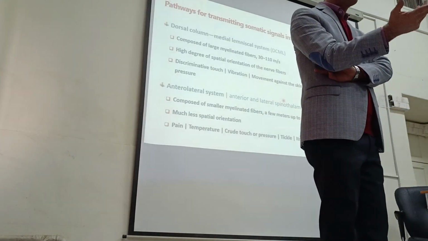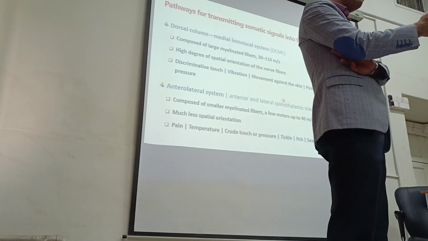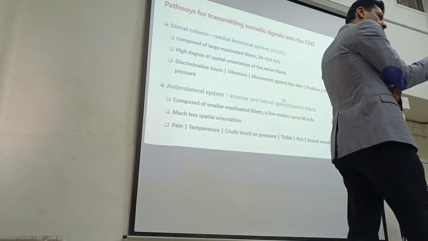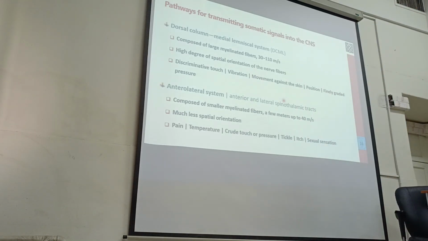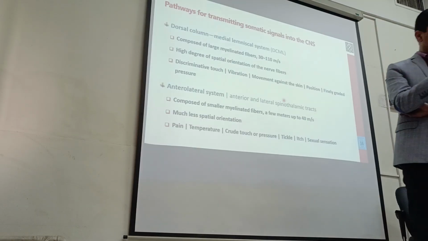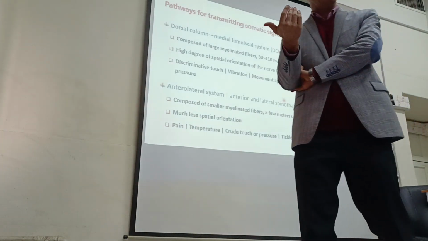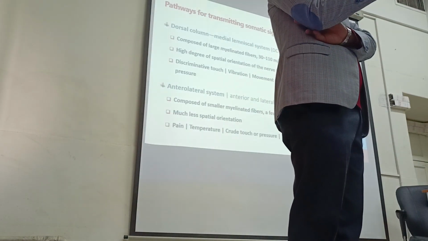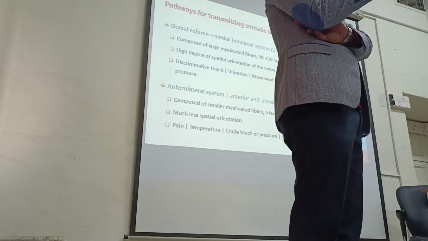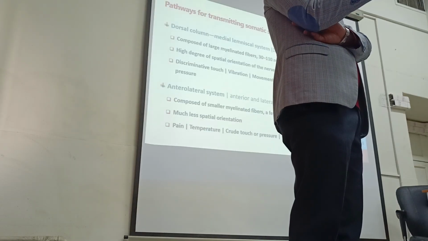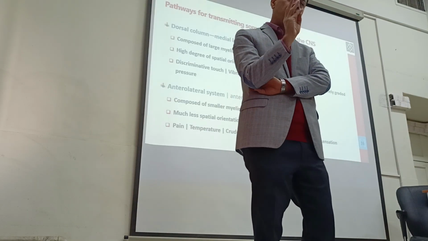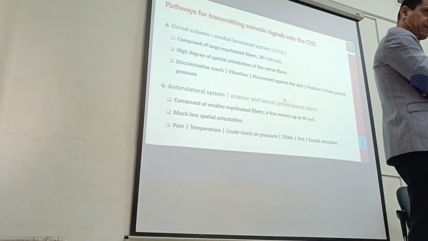And 5 of these receptors are connected to the spinal cord by way of A beta fibers: Meissner, Pacinian, Ruffini, hair receptors, and Merkel discs. And free nerve endings are connected to the spinal cord by way of C type or A delta type.